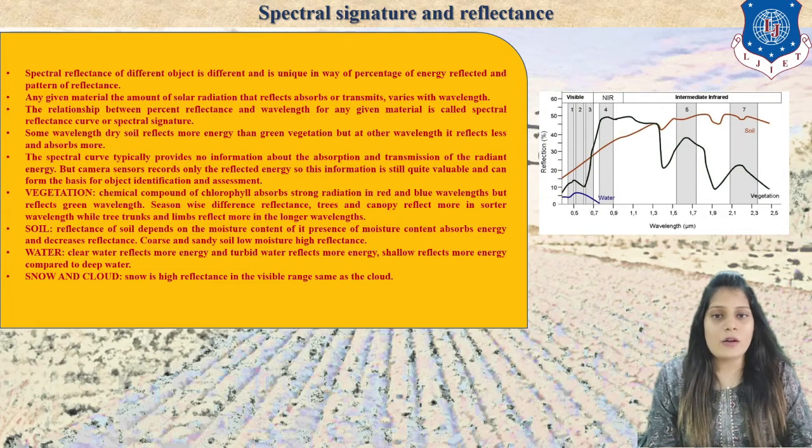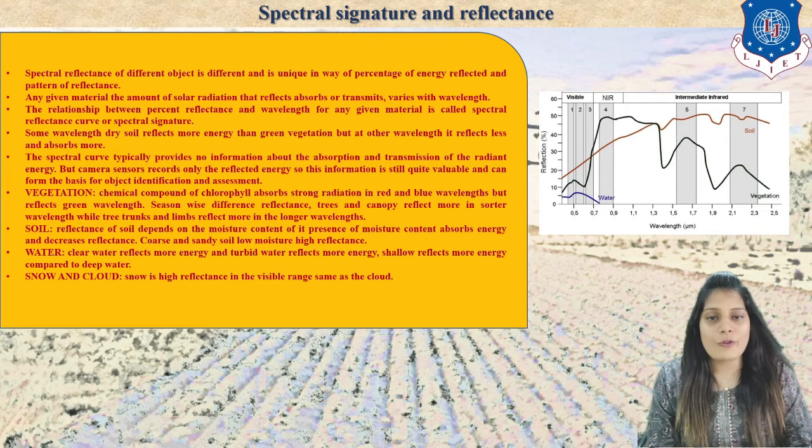Right? Now, let's move further. We have already seen and discussed, I have already told you, that each material has some characteristic which reflects, which absorbs, right? So all these reflected energies are stored in the sensor and then we do the analysis of the satellite image, right?